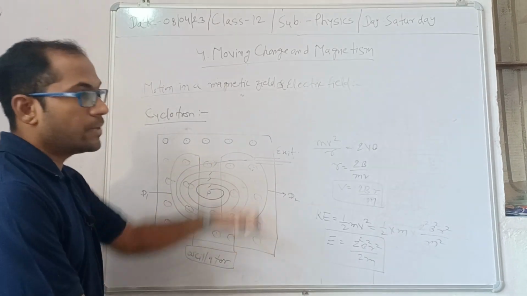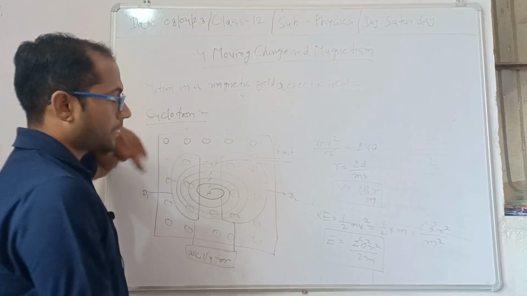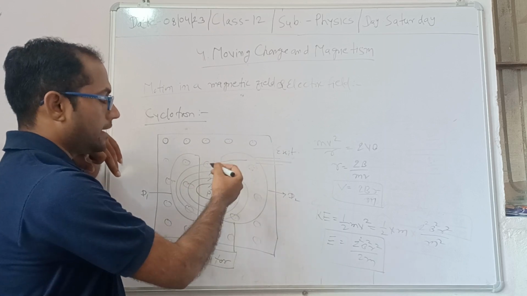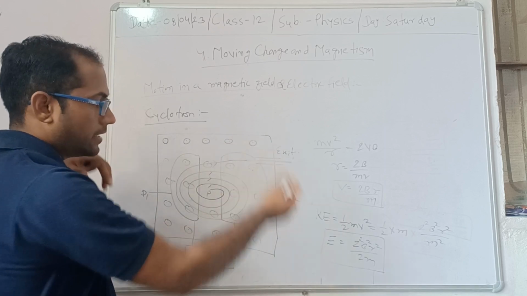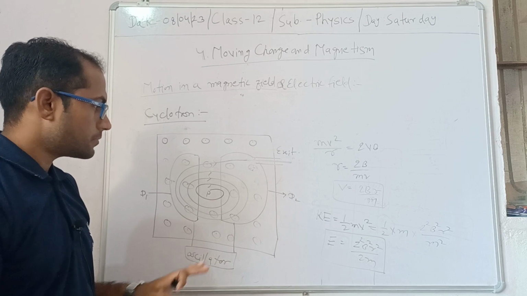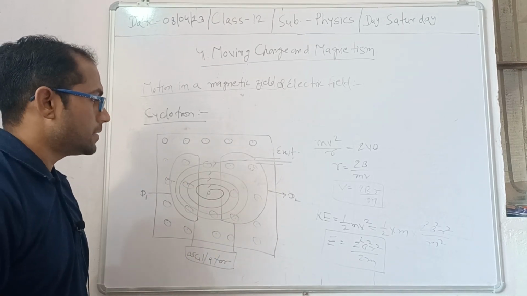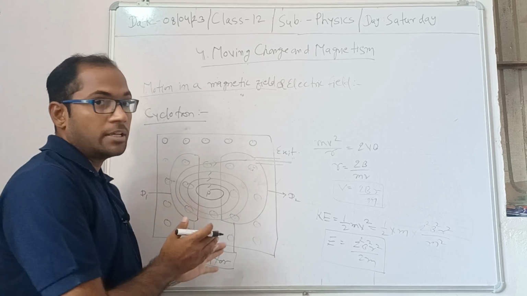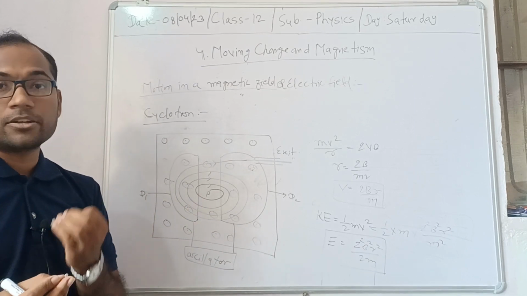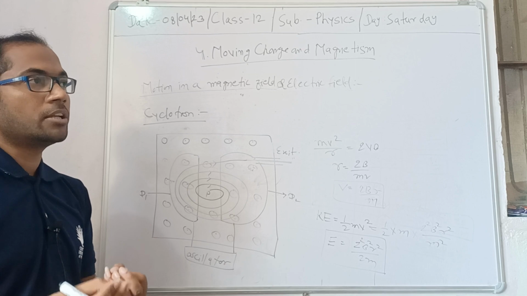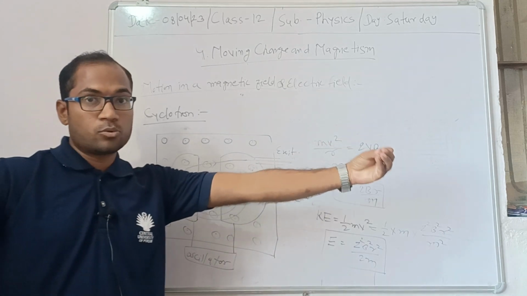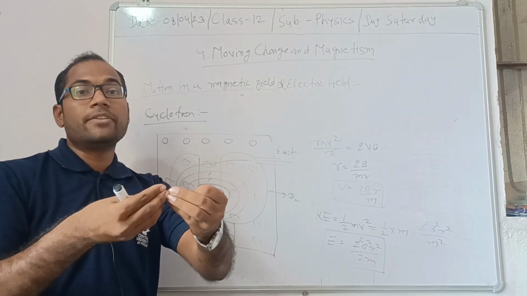We can increase the value of the magnetic field easily, and we increase the value of r if we use a big size of D, then the area of this circle is also increased, and the radius of the circle is also larger. So this is basically the cyclotron principle, and it is also useful in nuclear fission, because in nuclear fission we collide two elementary particles with very high energy.